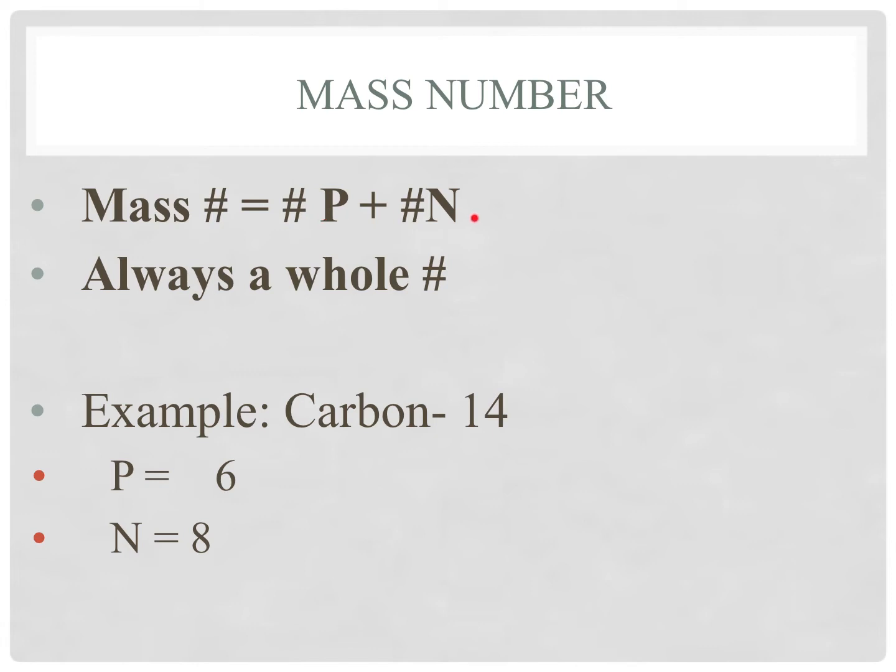Yes. Do neutrons have a mass? Yes. Okay, these are our 2 particles that have a mass. So mass number is just your number of protons plus your number of neutrons. Mass number always has to be a whole number because can you have 0.3 of a proton or 0.3 of a neutron? No, right? So it's always got to be a whole number.